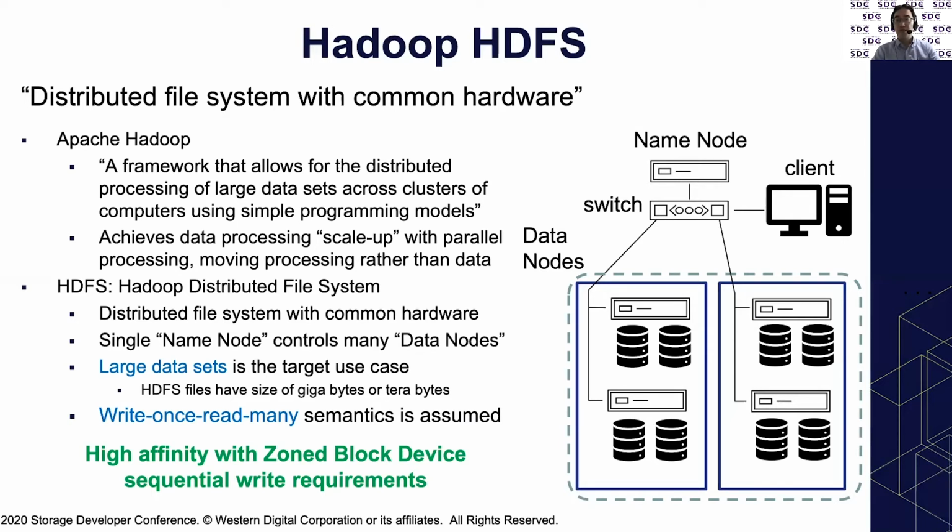Please remember that the zones have large size, such as 256 megabytes, and the write restrictions on zoned block devices fit with this write once, read many semantics. This indicates that HDFS can support zoned block devices with efficiency.